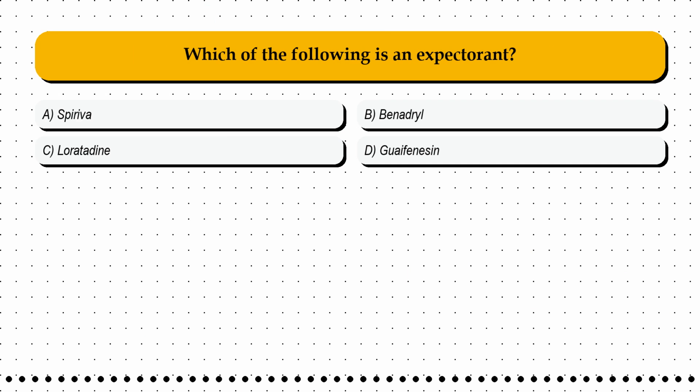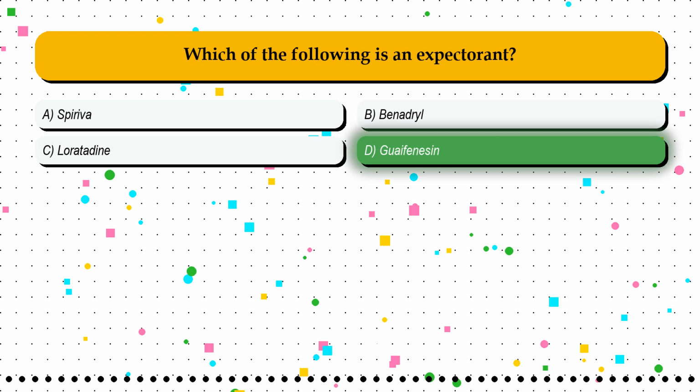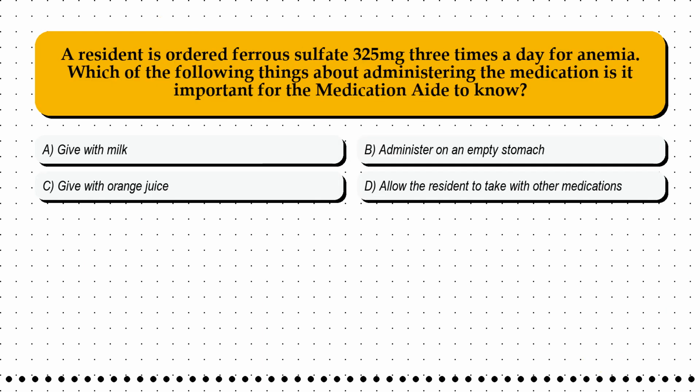Question 259. Which of the following is an expectorant? Option A, Spiriva. Option B, Benadryl. Option C, loratadine. Option D, guaifenesin. The correct answer is option D, guaifenesin. Question 260. A resident is ordered ferrous sulfate 325 mg 3 times a day for anemia.